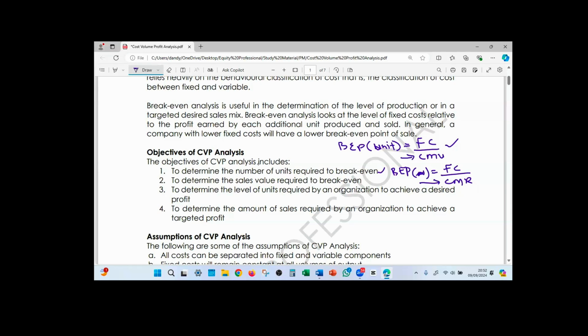Now, the third objective is to determine the units required to earn a targeted profit.